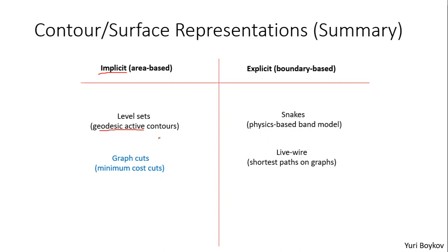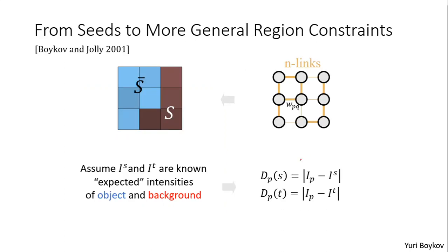Geodesic active contours is a great example for that. Explicit boundary is used in snakes and live wire. So what else besides boundary length can be found via graph cuts? There are many other things. There is a slide at the very end to discuss that. Okay.